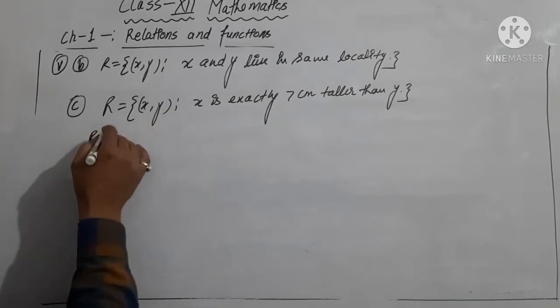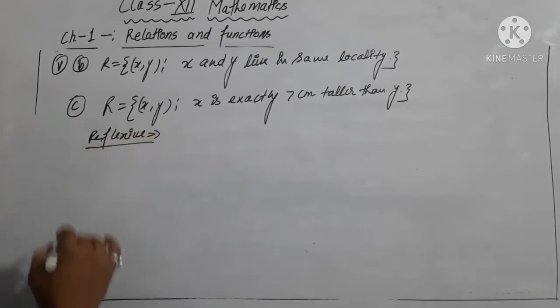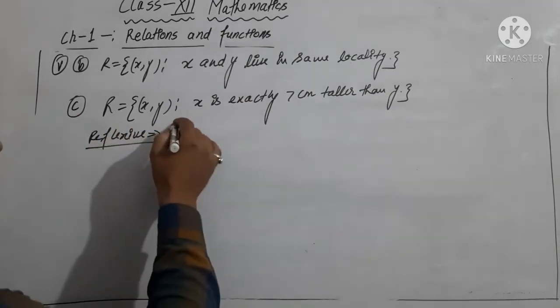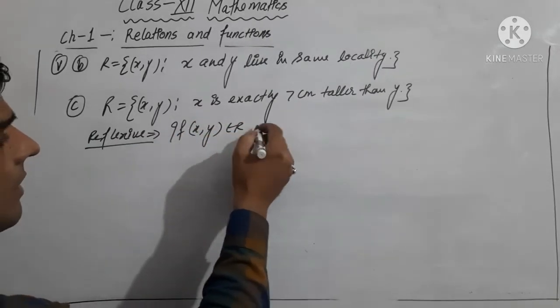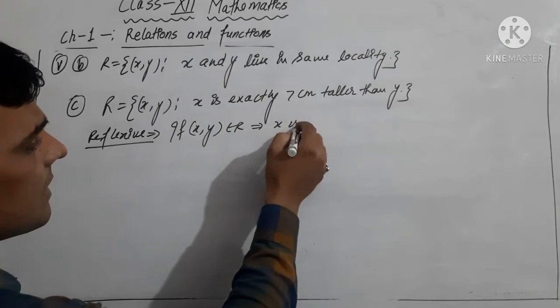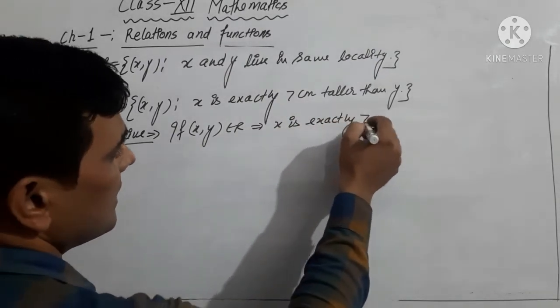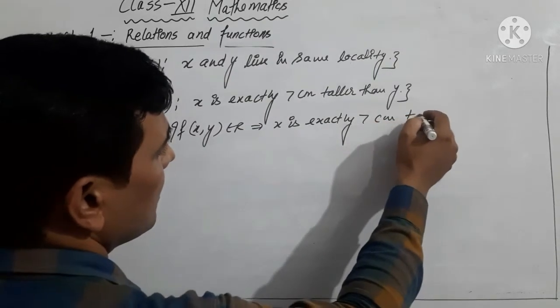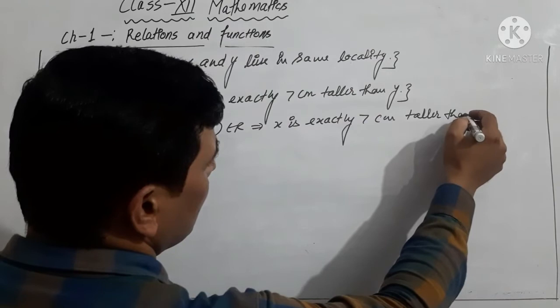So reflexive. First we will check the condition for reflexivity. If (x, y) belongs to R, then x is exactly 7 centimeter taller than y.